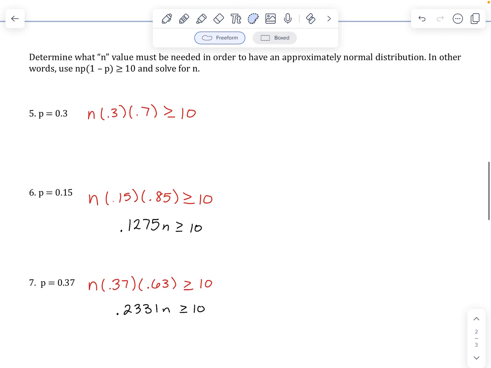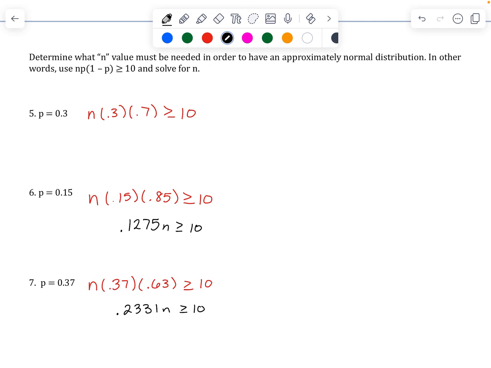All right, on the next page, I want to determine what n value I need in order to have an approximately normal distribution. This is very important for a known probability if I'm trying to do a simple random sample.